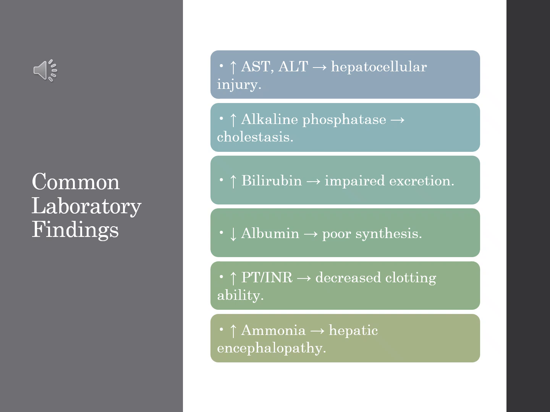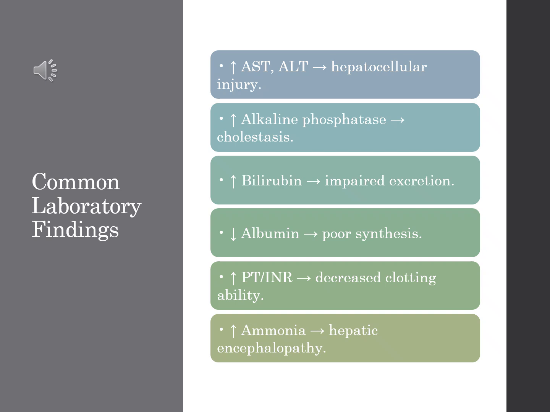Okay, so we're going to look at some laboratory findings related to our hepatic dysfunction. One that you need to know, and bold it, highlight it, put it in your notes, are the liver enzymes. That's going to be AST and ALT. Both of these are liver enzymes that show an increase in liver failure. AST stands for aspartate aminotransferase.